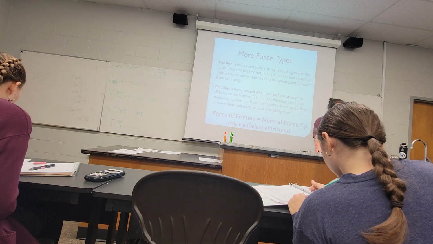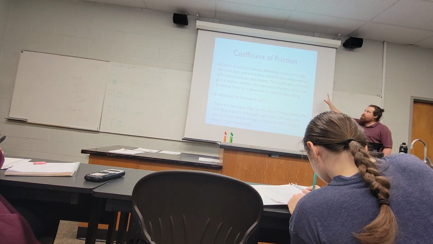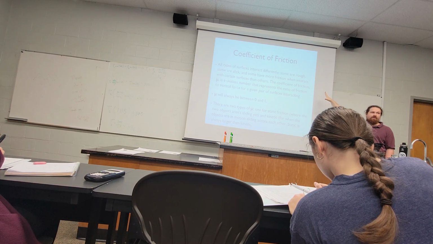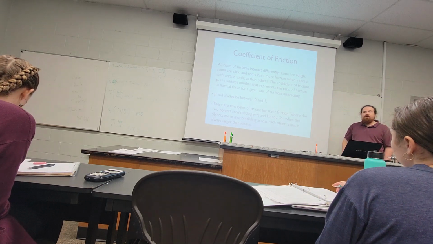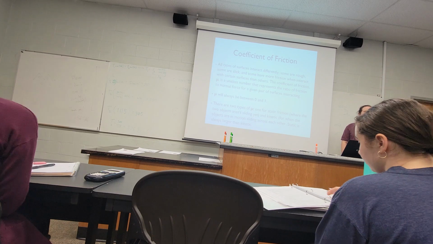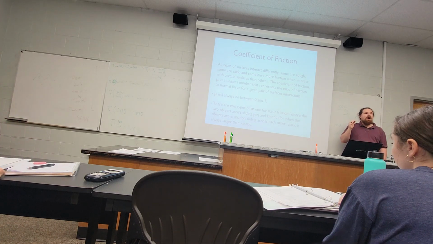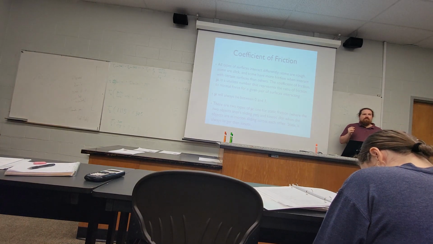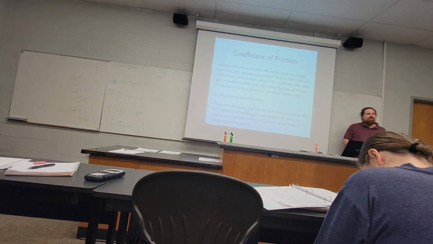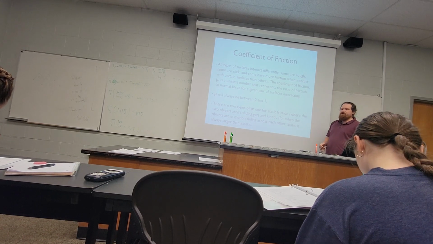I'm going to go to a new slide to describe it. So, definition for coefficient of friction: this is a unitless ratio that represents how much normal force becomes friction for a given object surface interaction. Every different surface will interact slightly differently with every other type of surface.